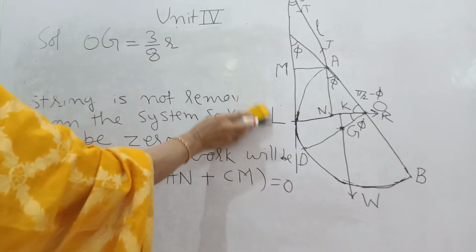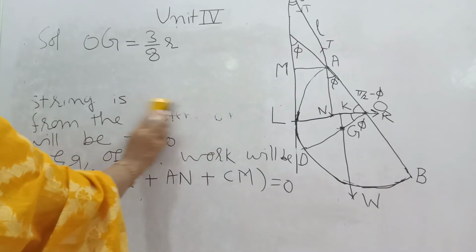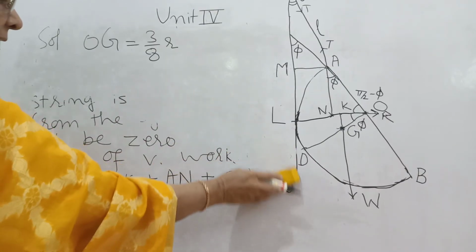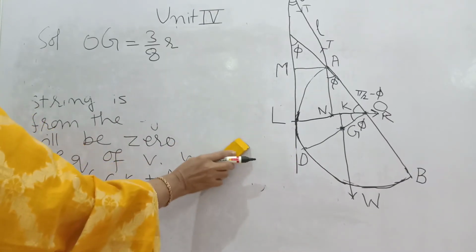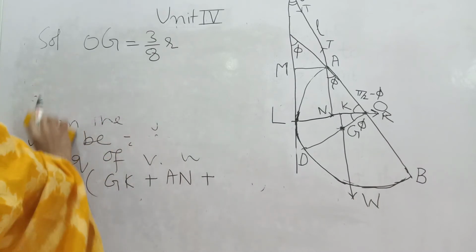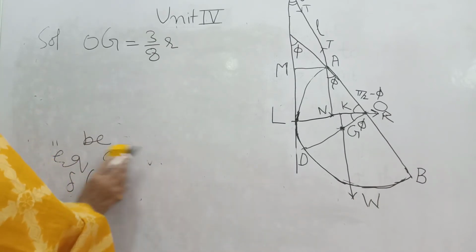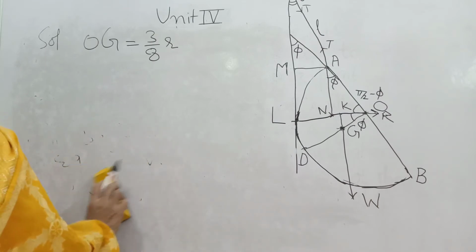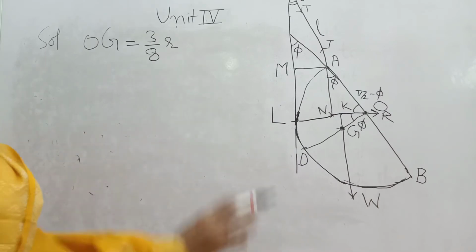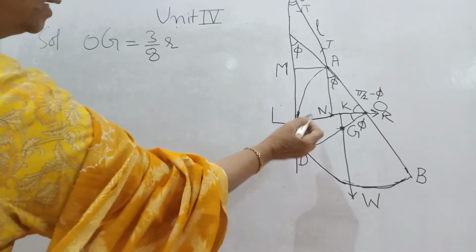Because that is the length of center of gravity. Weight acts at the center of gravity. So you can observe that OG is 3 by 8 times R. And what else?